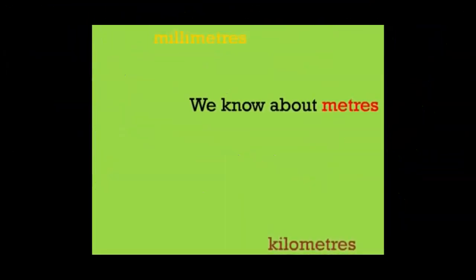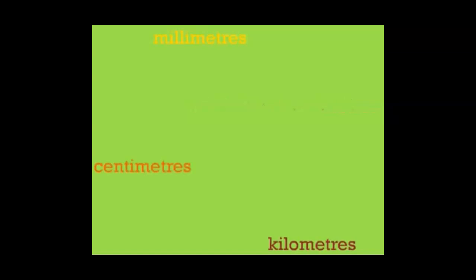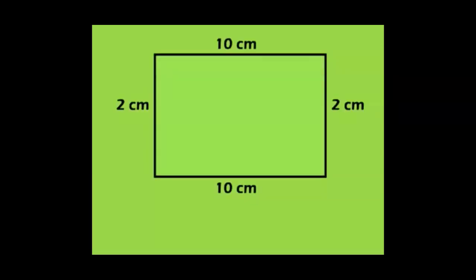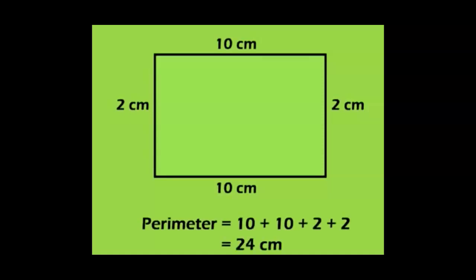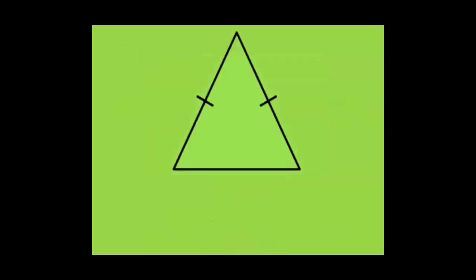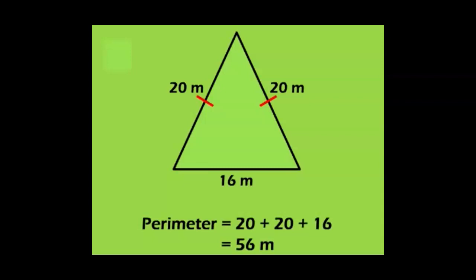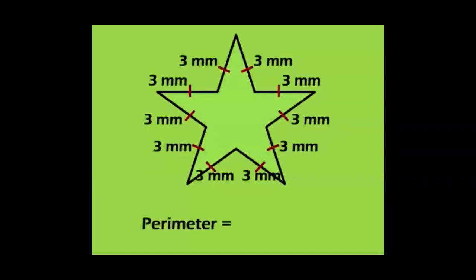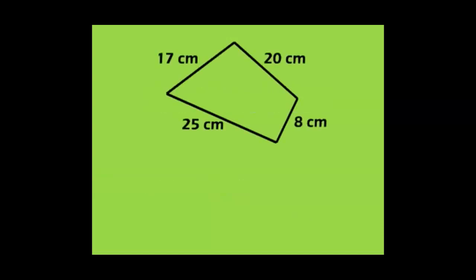Now that we learned how to measure in centimeters and meters, and we talked about inches and feet. That's right. Now we're gonna talk about perimeter. With perimeter, you have to measure each side, add them up, and we find perimeter. That's perimeter. With perimeter, you have to measure each side one at a time.